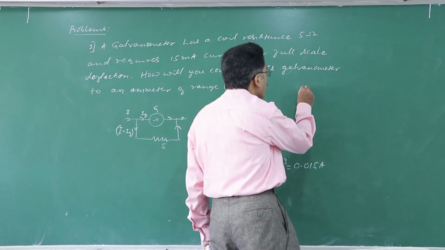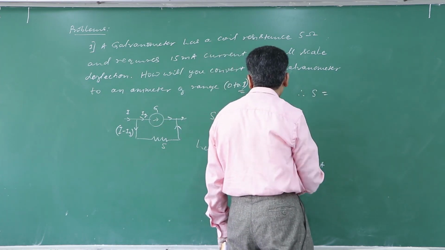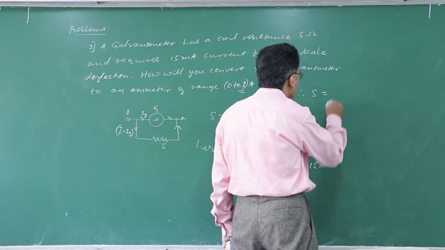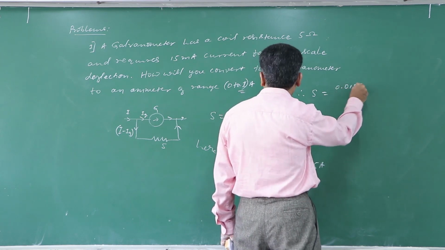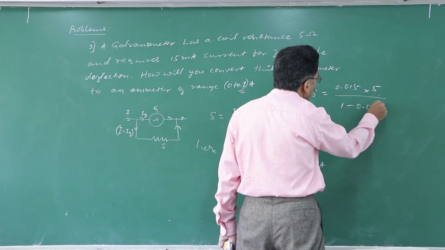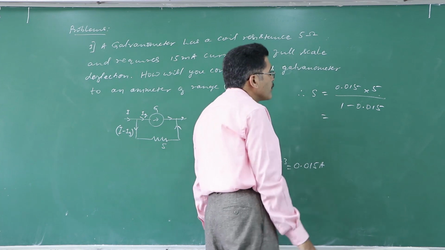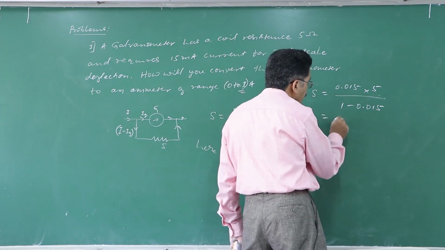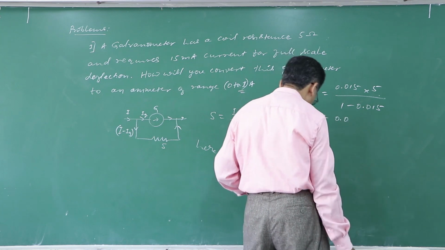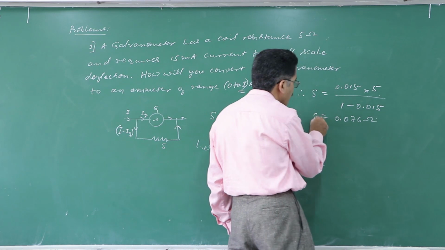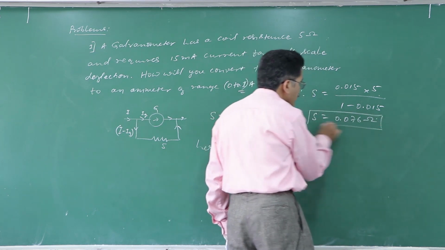Therefore, S is equal to 0.015 into 5 divided by (1 minus 0.015). What you are going to get? It comes out to be 0.076 ohm.